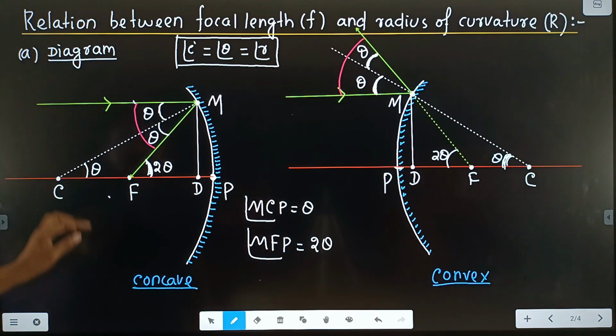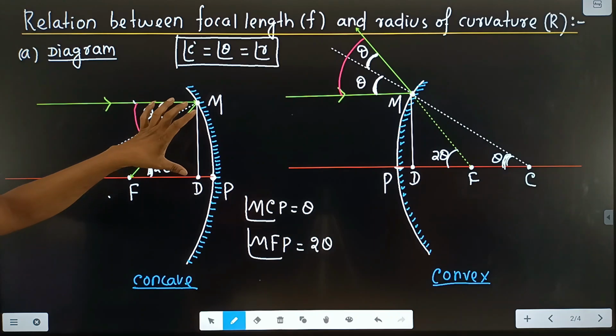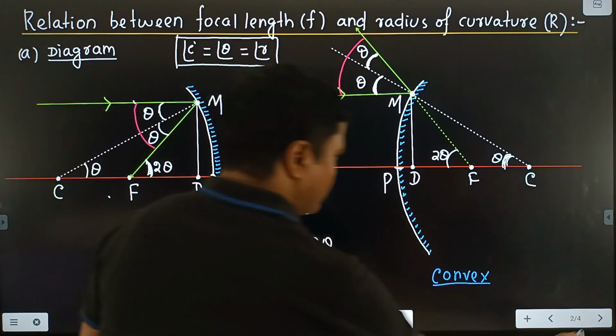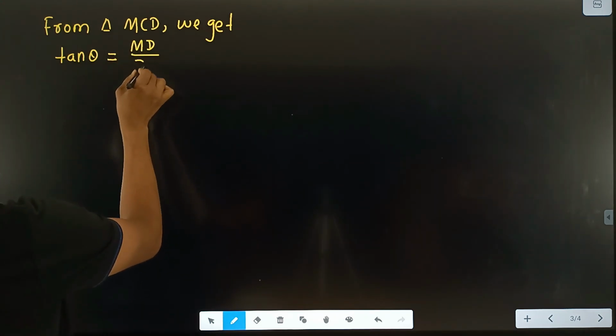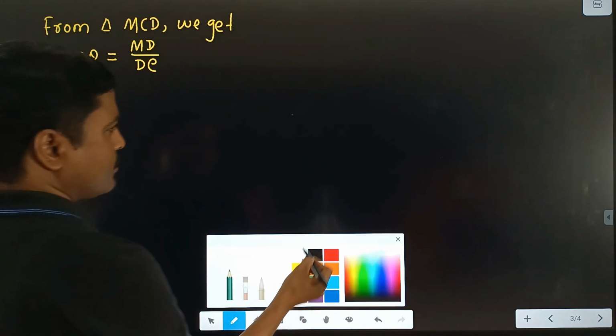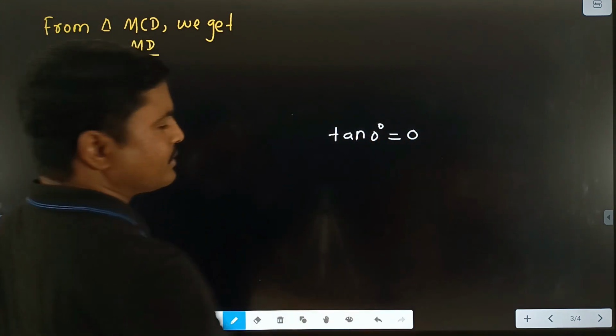Look at the figure. This angle is theta. To calculate tan theta, the side in front of theta, that is MD, divided by DC. We write MD divided by DC.